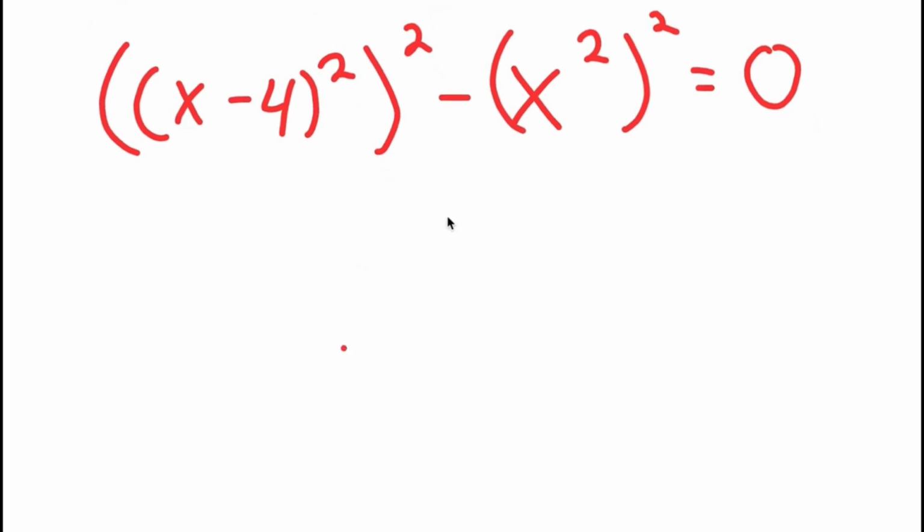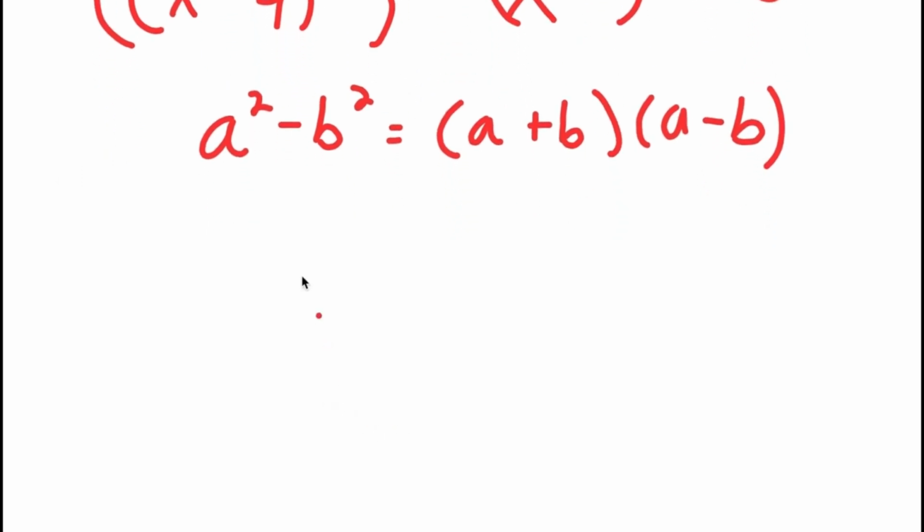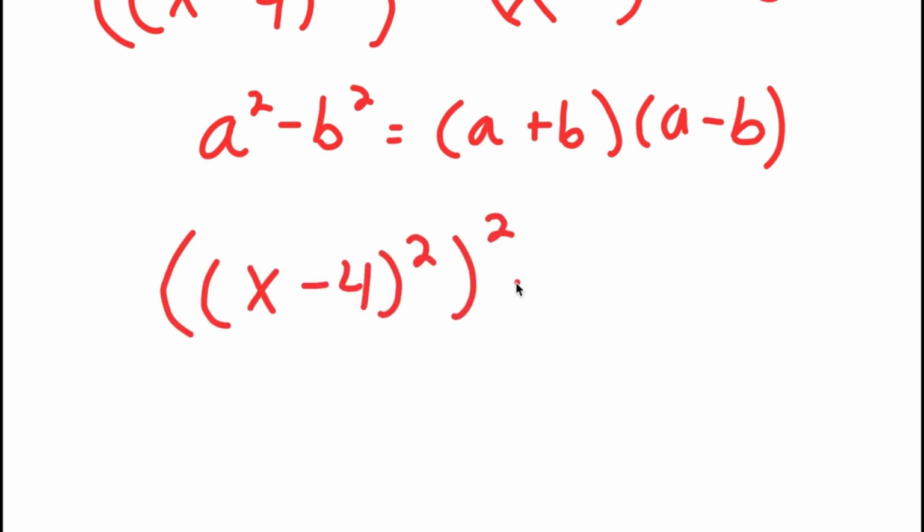Now from here, I can use the algebraic property that states that if I have something in the form a squared minus b squared, this is equal to (a plus b) times (a minus b). So in this case, I have ((x - 4)^2)^2 minus (x^2)^2 is equal to 0.